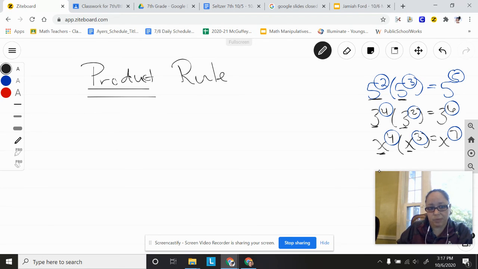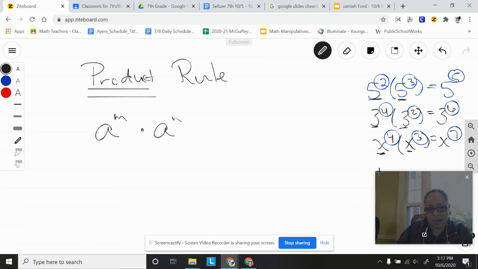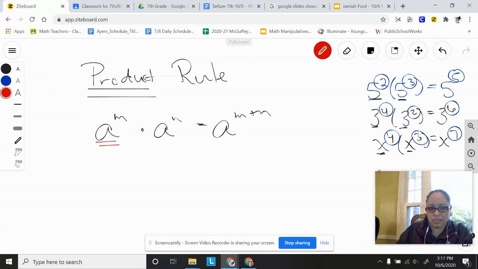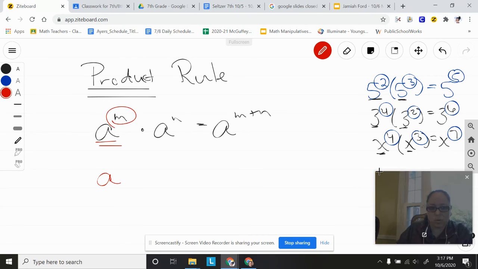What we say is a to the m multiplied by a to the n is equal to a to the m plus n. If I wanted to expand that out so it made more sense, what I'm saying is any base, let's say a, with an exponent, any exponent, I'm going to say 10, multiplied by the same base.